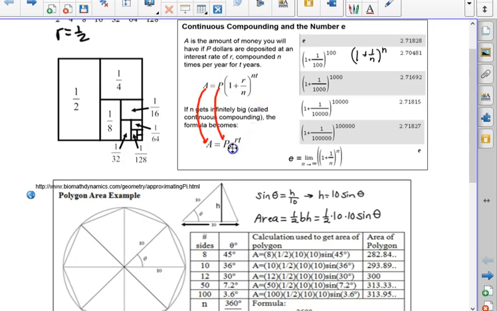But what's different is here I have an e as my base, but here I have this thing right here. I've accounted for the r and the t, so what's left over is 1 plus 1 over n, to the nth power.